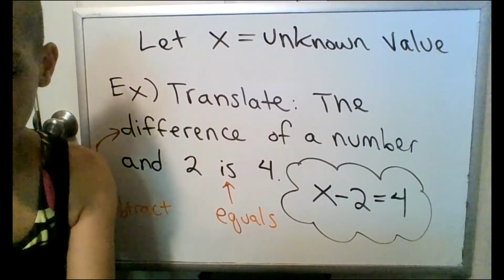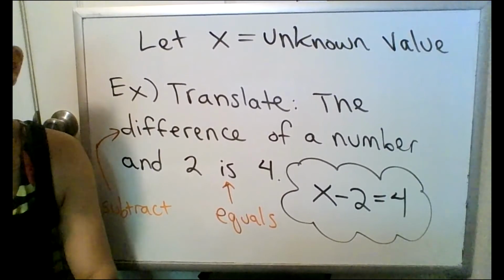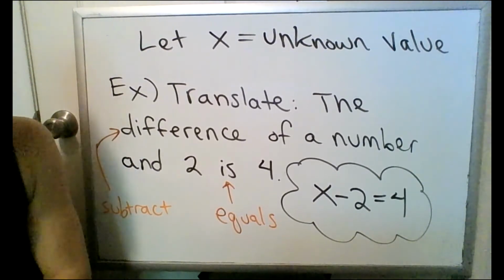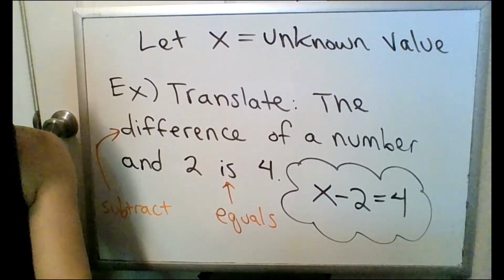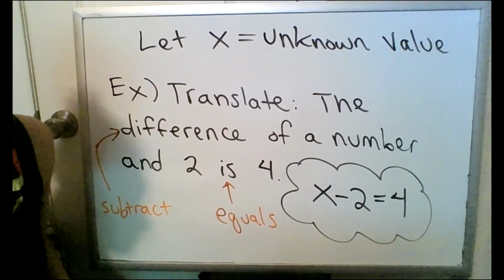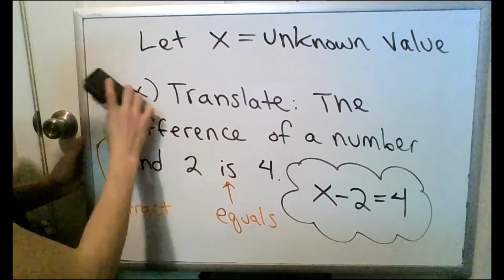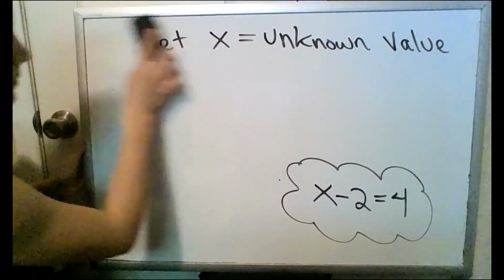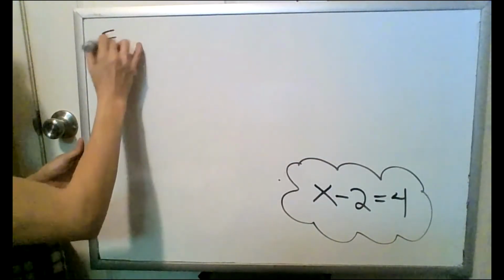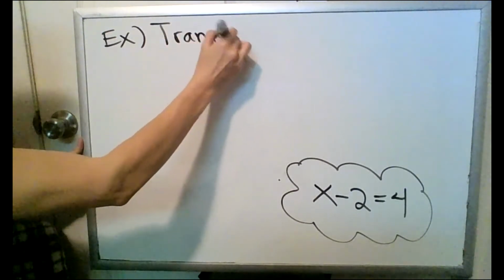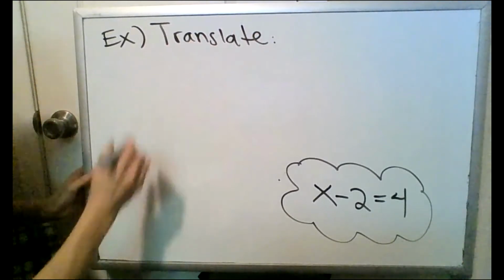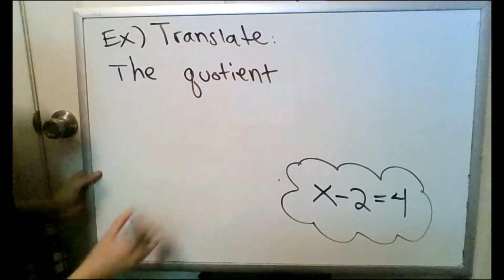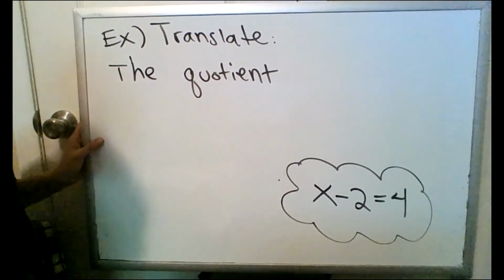So I want to do a couple where we talk about the quotient. So we translate the quotient of a number and 3 is 7. Of a number.